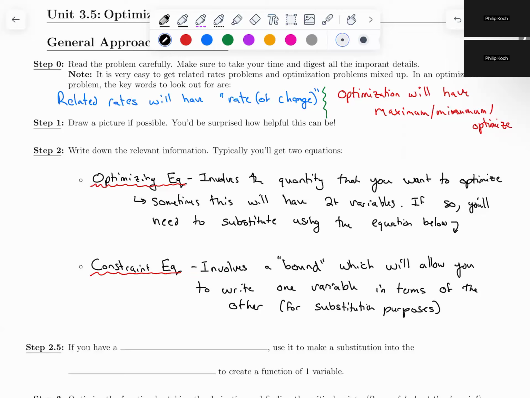By the way, this is all very, very generalized right now, so I'm assuming it might not make too much sense at the moment. But once you see it in action, you'll say, oh, okay, I see what the optimizing and constraint equations are. So let's get through this, and then I'll come back to it and explain.